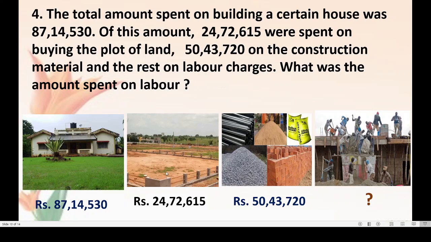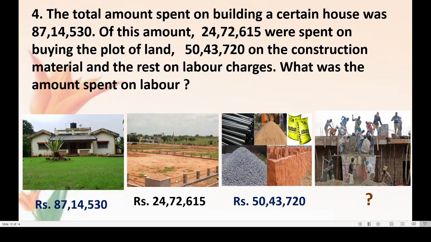This is the total amount spent and these two are given, that is for the plot and this amount is for the material. When we add these three amounts, we have to get the total cost. Isn't it? Correct?